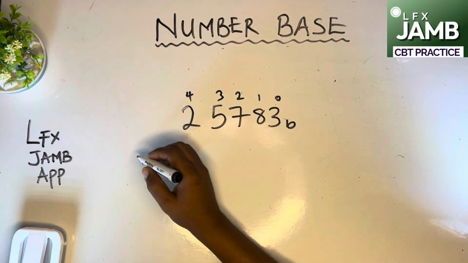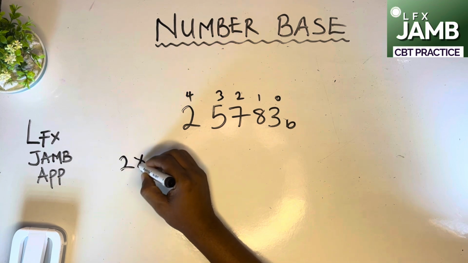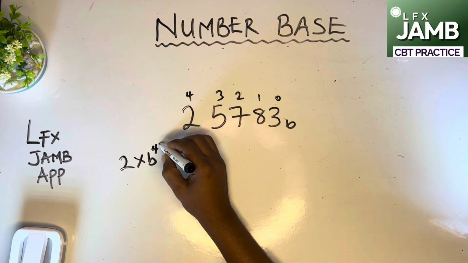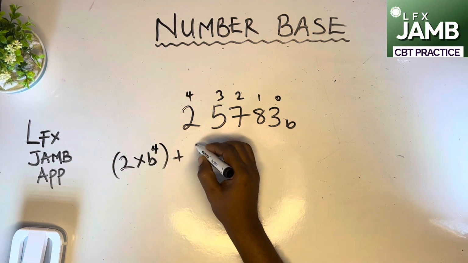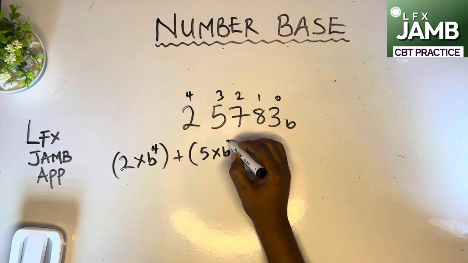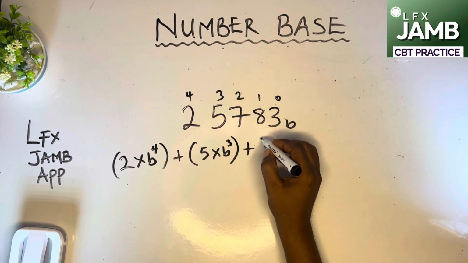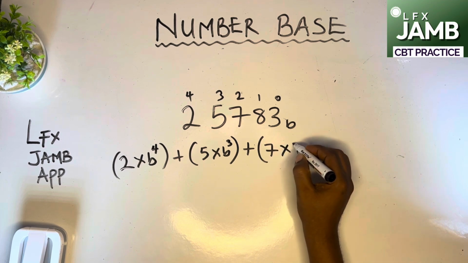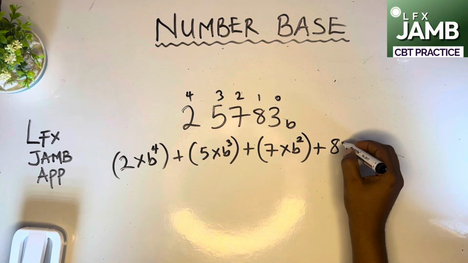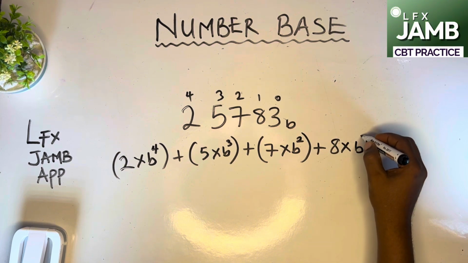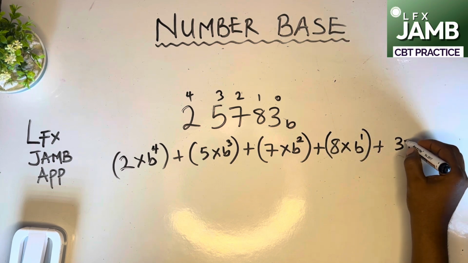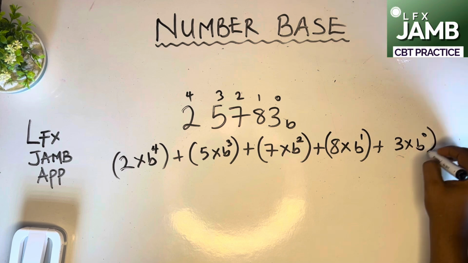We simply say 2 times B, and B could be any base at all, raised to the power of 4, plus 5 times B raised to the power of 3, plus 7 times B raised to the power of 2, plus 8 times B raised to the power of 1, plus 3 times B raised to the power of 0.